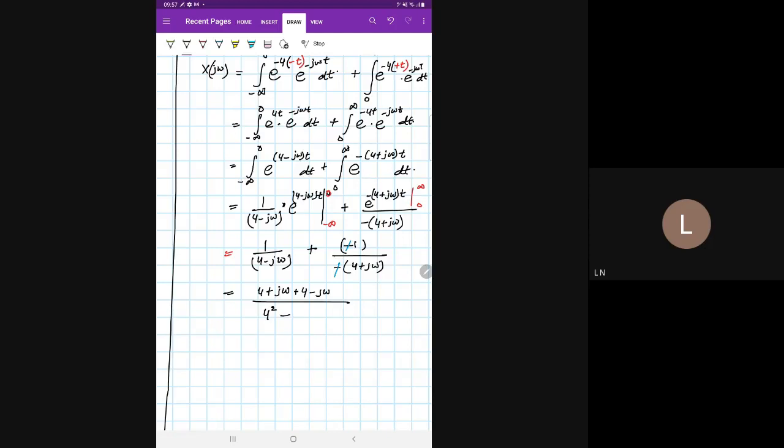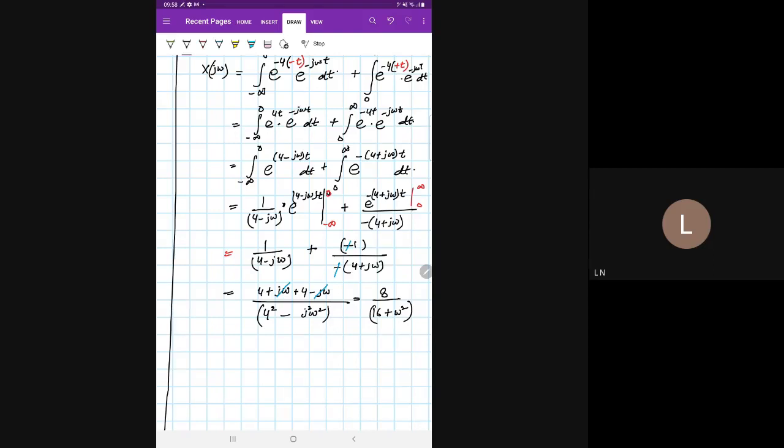In the numerator, plus j omega and minus j omega cancel, so we are reduced to 8 divided by 16 plus omega square, because j square is equal to minus 1. This is the result.